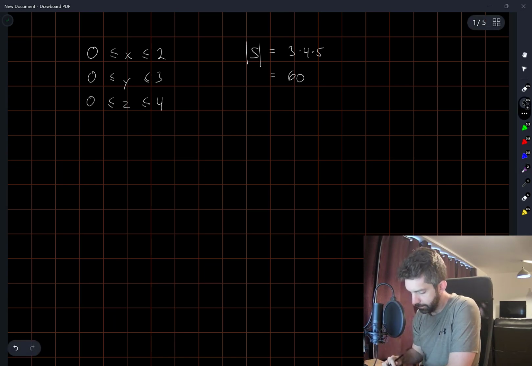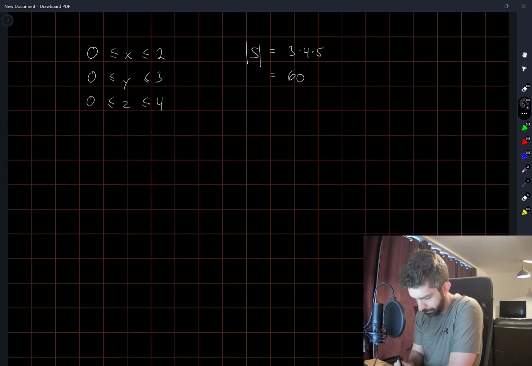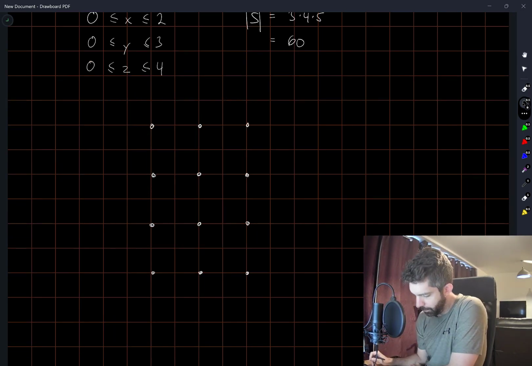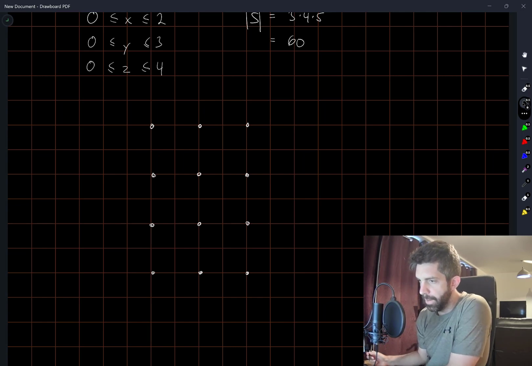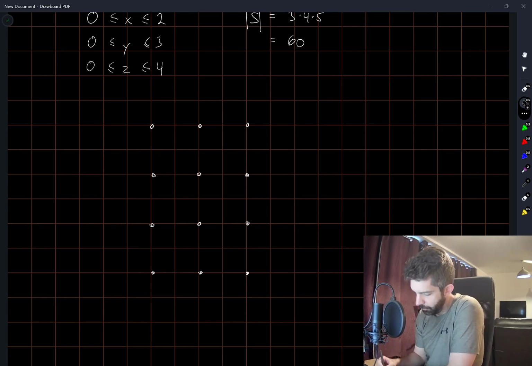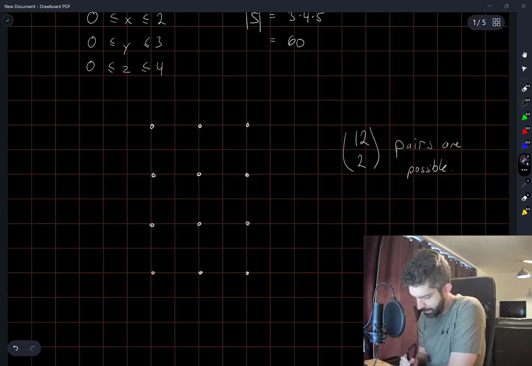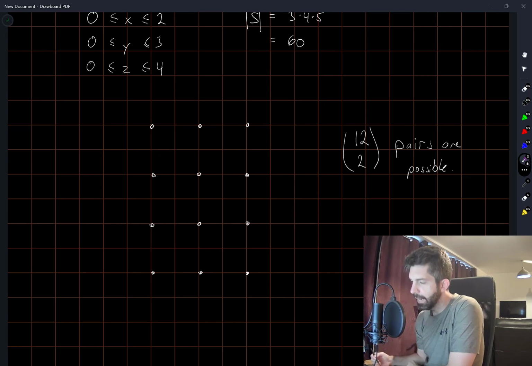So in a two-dimensional version of this problem, I'm going to ignore the z coordinate for a moment. This is what the problem looks like with only the x and y coordinates. We have to choose a pair of points at random, so that can be done in 12 choose 2 ways. And let's break it down one point at a time and see if we can come up with conditions on the coordinates such that the property works.